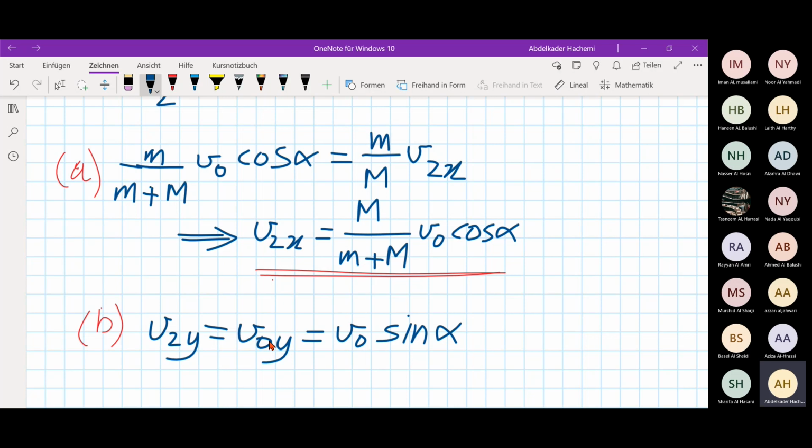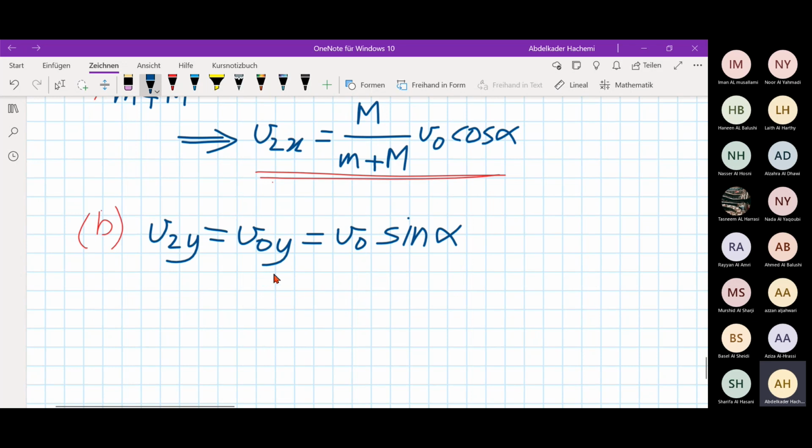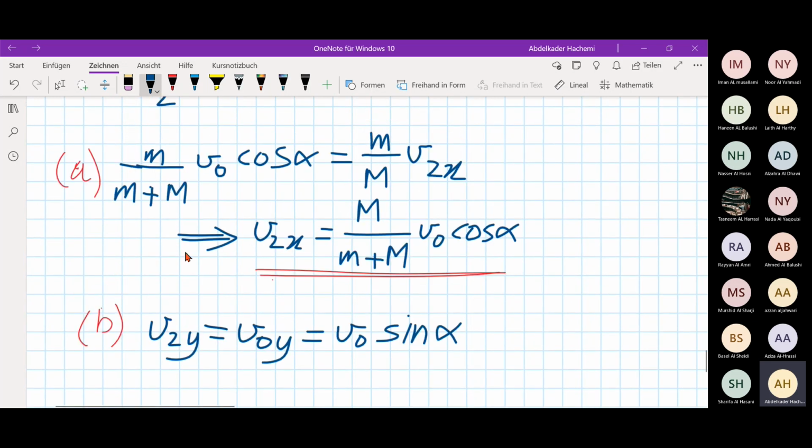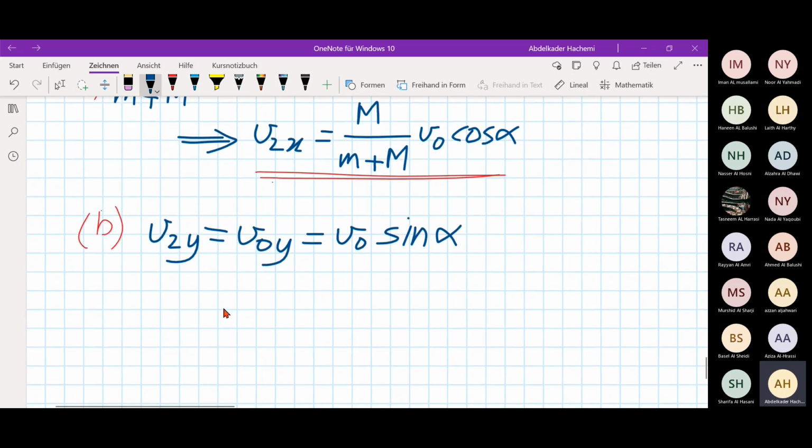V1, the frame one, is given in x direction only, there is no component in y direction. That means the absolute velocity V2 has in y direction only the relative one.